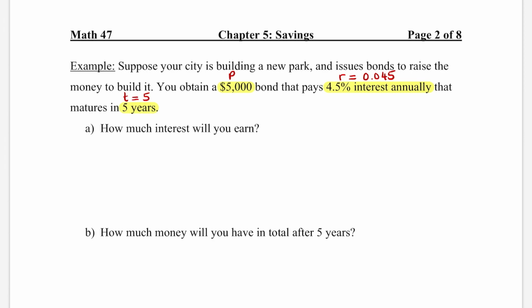First, I need to find the interest, which is I. I'm using the simple interest formula, I equals PRT. I will replace P with $5,000, replace R with 0.045, and replace T with 5.